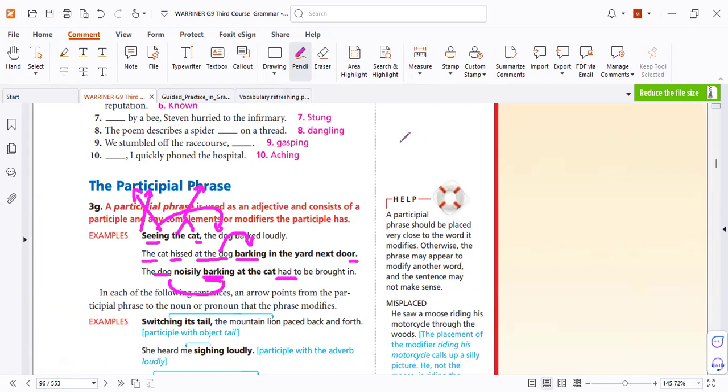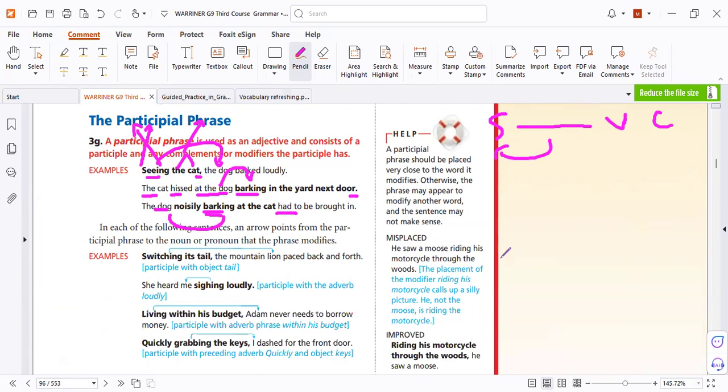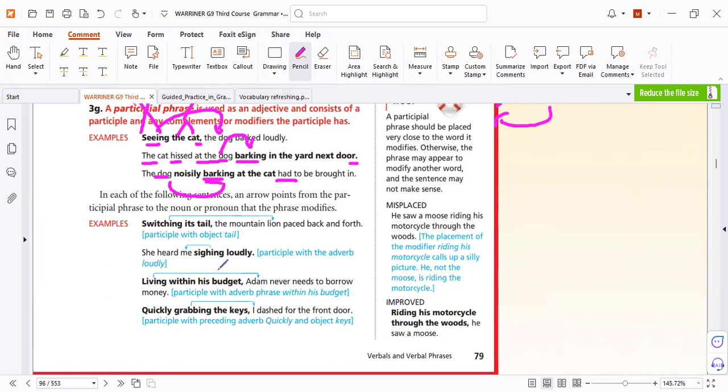So be careful. If the phrase is at the beginning, a comma starts your sentence. Correct? If the phrase is in the middle like that, it describes the subject before. And it can be at the end. So as you see here, it's switching its tail. Who did it?